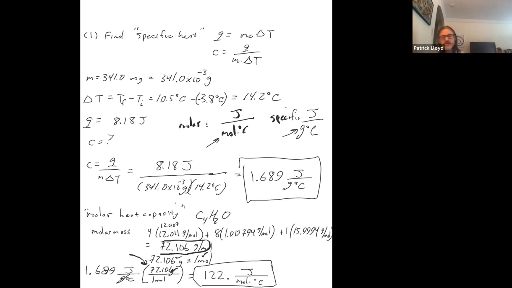To be honest with you, though, it depends who you talk to. Physicists or engineers sometimes use kilojoules per, because this would be 0.122 kilojoules. And sometimes people want numbers that are less than 1 or around 1, as opposed to numbers that are in the hundreds. It just sort of depends on the culture of who's doing the problem. Okay, and there you go.